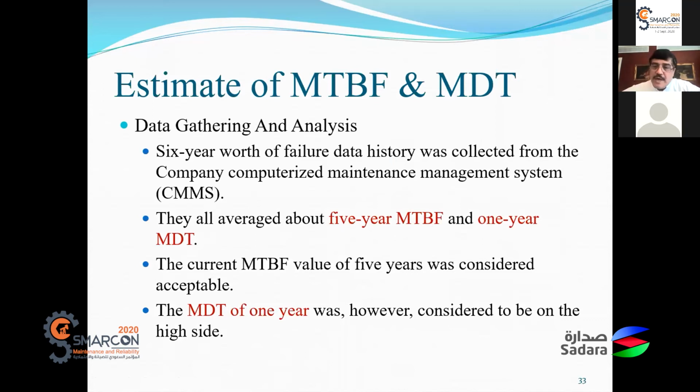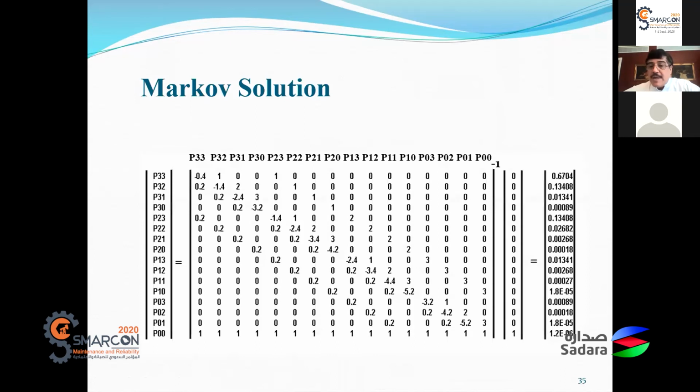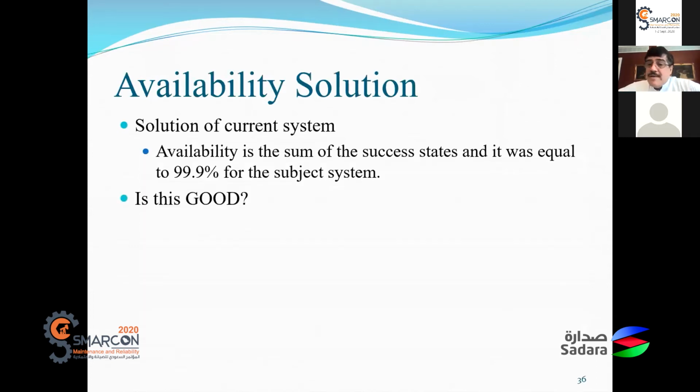What we need to do is put it into our model, which can be as simple as this one, although it looks complicated, but this is nothing but an Excel sheet and matrix multiplication. The solution for the current system as is was 99.9%. This was a bit of a surprise, but that's the question.